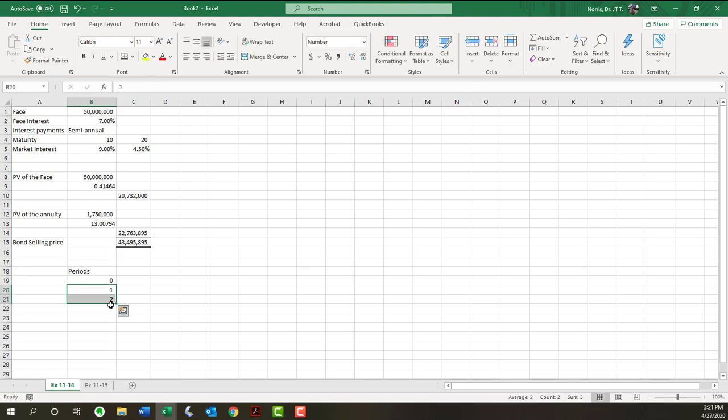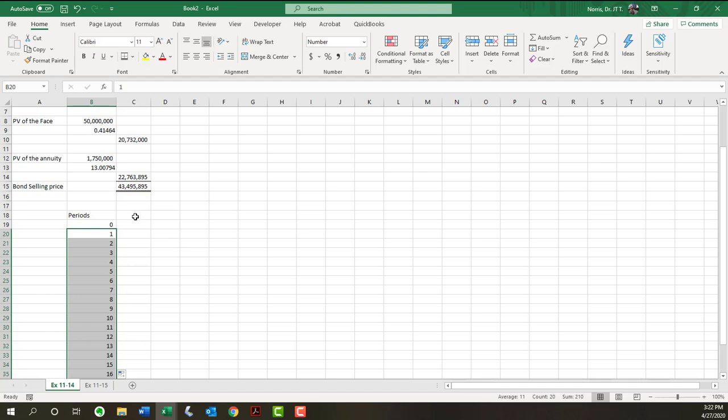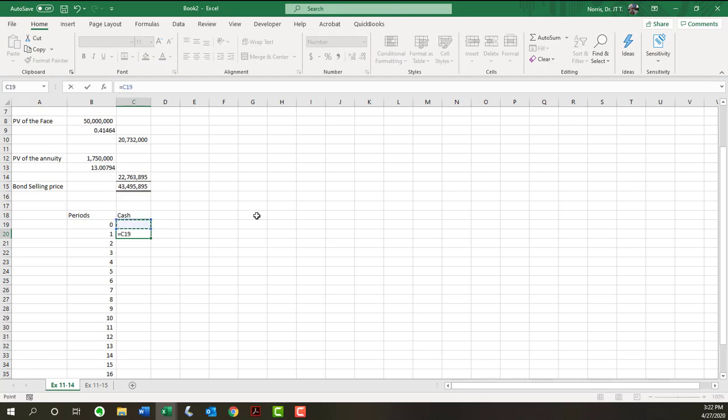All right, so the periods, there's going to be 20 in total. So go down here to 20 periods. The cash that we're going to be paying is equal to $1,750,000.